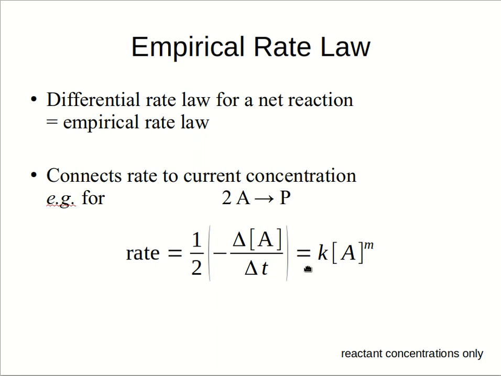And then I'm going to model this with this mathematical expression: a constant times the concentration itself raised to some power m. Sounds easy enough, right? That's not the most complicated expression in the book.